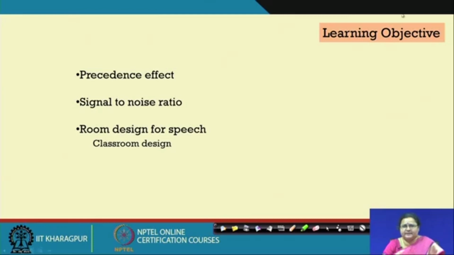We had already learnt that reflected sound helps in hearing up to a certain period of time, that is 35 milliseconds or 50 milliseconds, depending on what performance is happening.